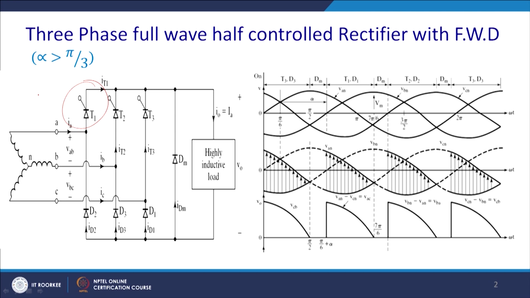What I wanted to say here is that we assume your load current is highly inductive, thus you have a square wave, and that will be transmitted into the AC side also as a square wave. These are the line voltages, and this is the duration alpha, where alpha is more than pi by 3, 60 degrees.